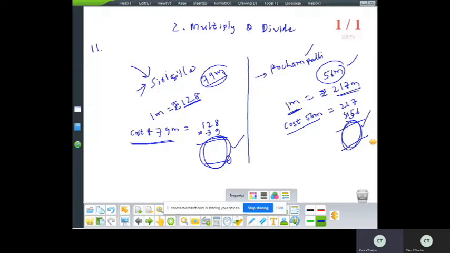In this question, if both the rolls are sold by the shopkeeper within the month, then how much money has he received on their sale? Means what is the total amount of Sicilla and Pochampalli? We get it by adding the total amount of Sicilla and the total amount of Pochampalli. That is the final answer. This is the solution. Now I write the solution.